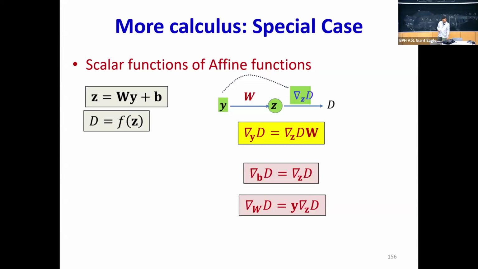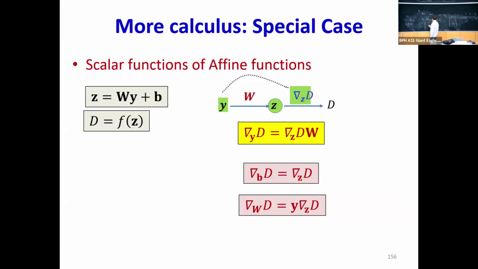Okay, let's see how this works by checking sizes. So let's say d is a scalar. This is 1 cross 1. So let's say z is an n cross 1 matrix and y is an m cross 1 matrix. What is the size of w? Anybody? If z is n cross 1, and y is m cross 1, what is the size of w?